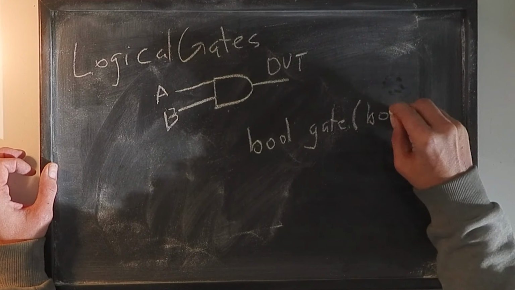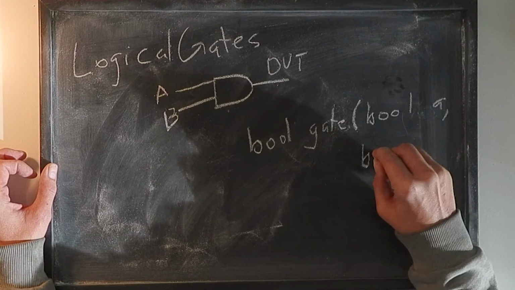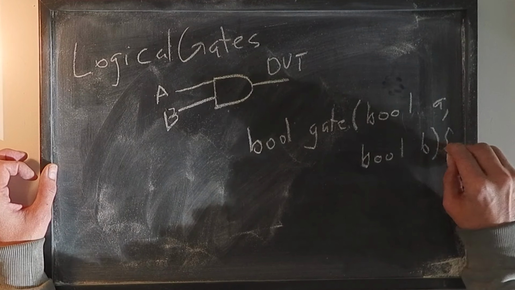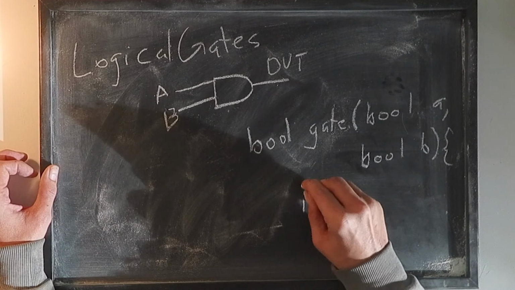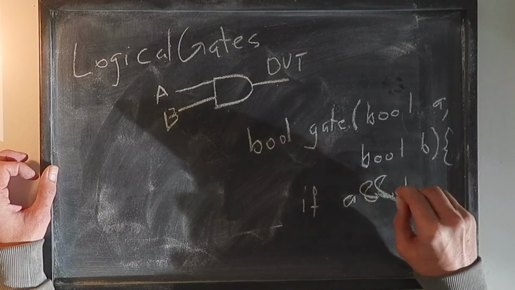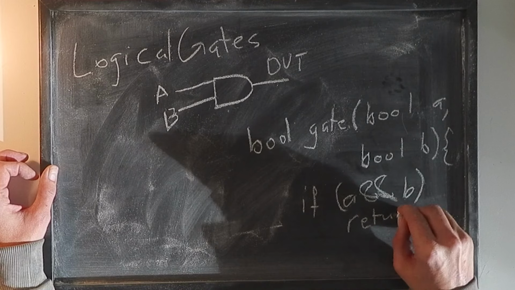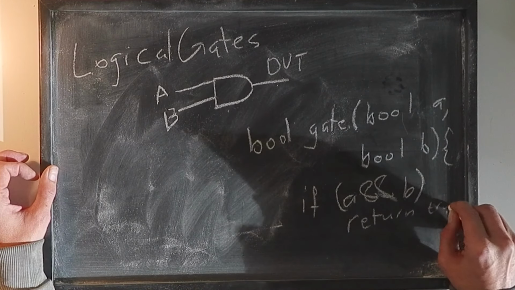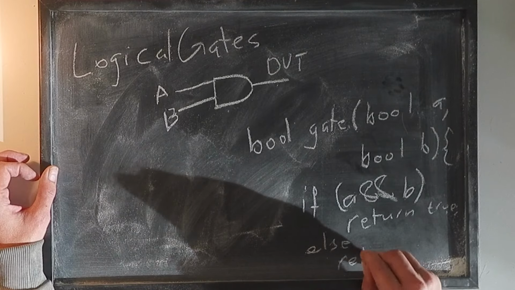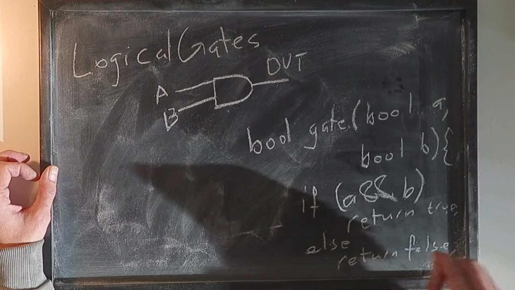So we have bool A and bool B. And if A and B are both true, in that case we return true. Otherwise we return false.